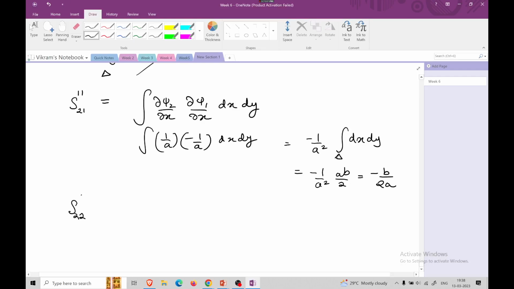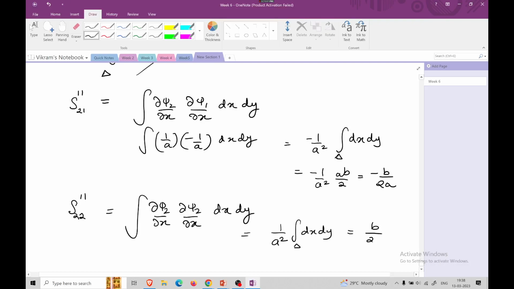So S22 will be dou psi 2 by dou x into dou psi 2 by dou x into dx dy. Both will be 1 by a, so it will be 1 by a square into dx dy. So this will be b by 2a.